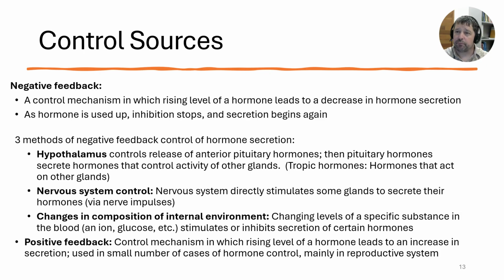So sperm production is a good example of this. Egg follicles can be an example of this. So you can get a positive feedback where a little rise of hormones leads to an increase in production or secretion.